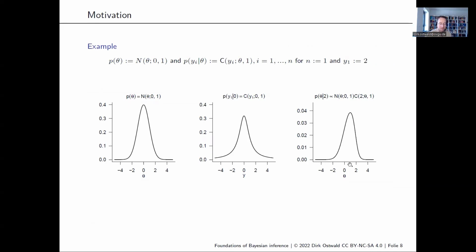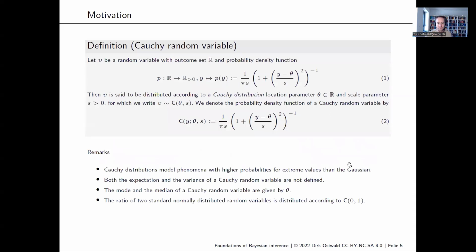This Cauchy distribution is a horrible distribution, so don't use it. The expectation and the variance of a Cauchy random variable are not defined. It doesn't have an expectation because this integral does not converge.